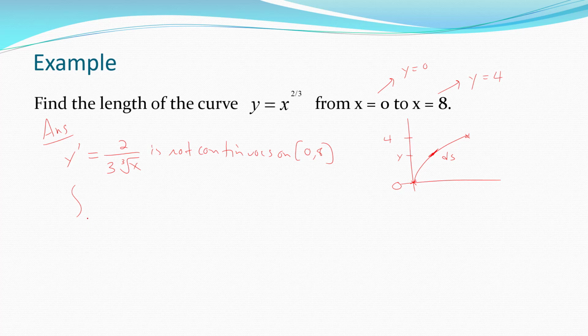So the integration then is from 0 to 4 of the square root of 1 plus, you can think of it as the derivative of x in terms of y instead, squared, dy.